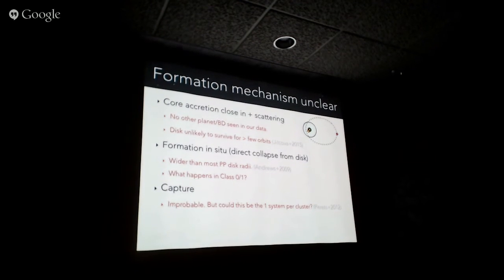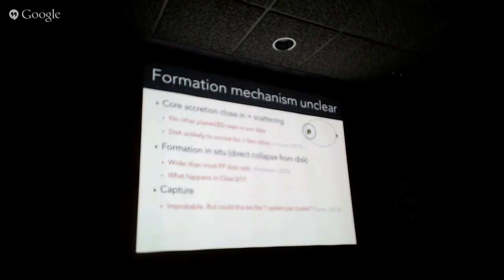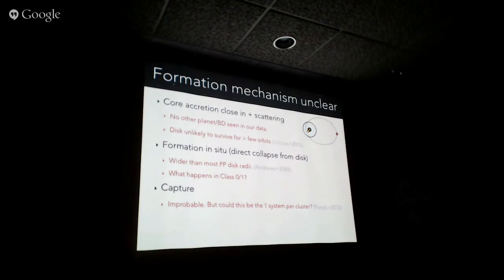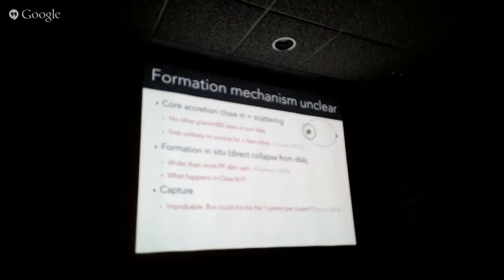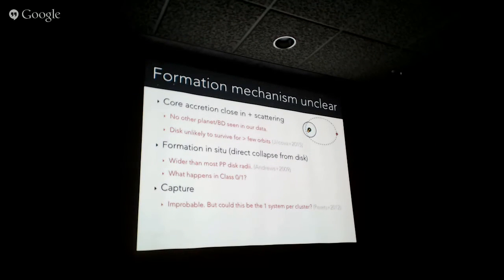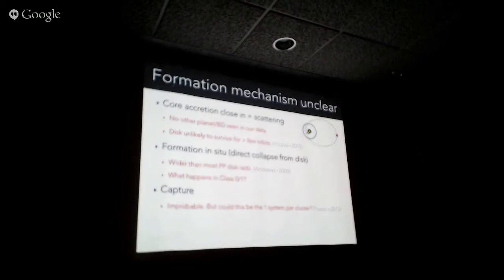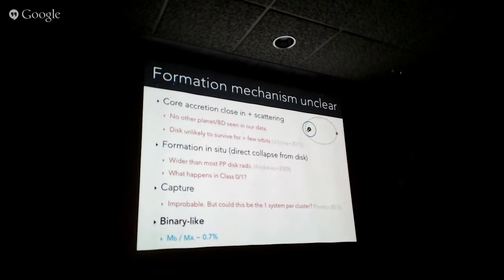And similarly, could it be captured? Could there have been a free-floating, low-mass brown dwarf in the system that got captured? This is a relatively young stellar association, roughly 10 million years. It could have been captured, but this is, again, something that's pretty unlikely. We think it happens once or twice per cluster. Do we really want to invoke that in this case? I don't. So my favorite explanation is basically a failed binary star system.